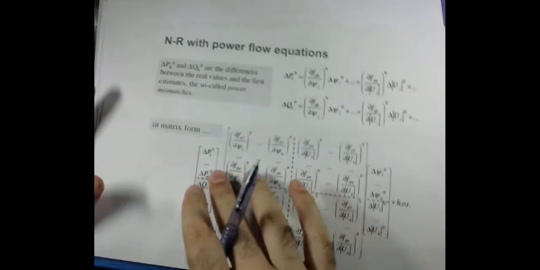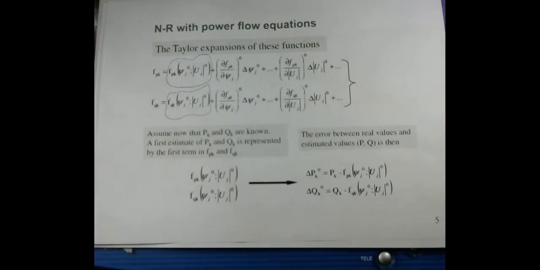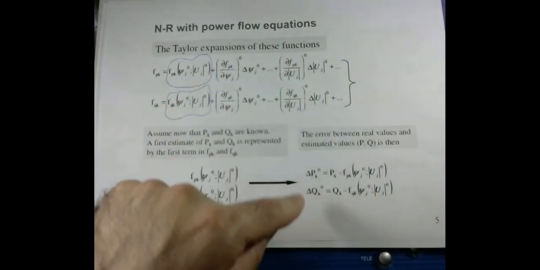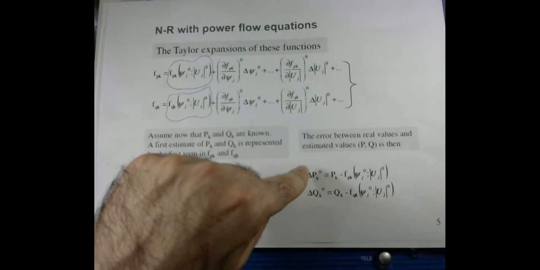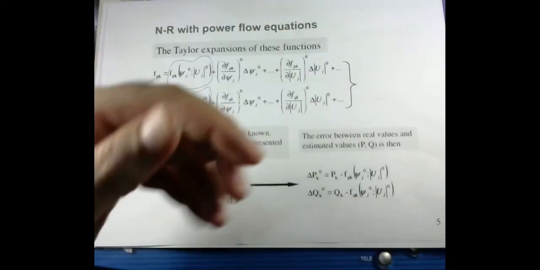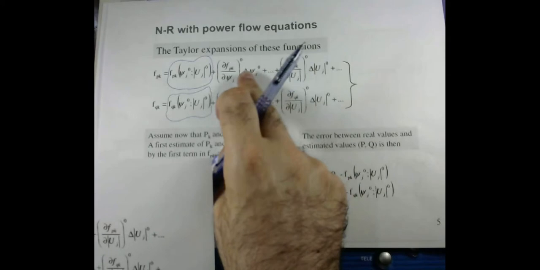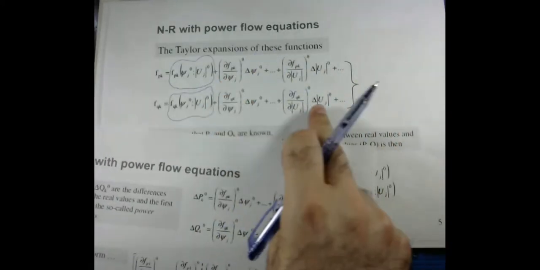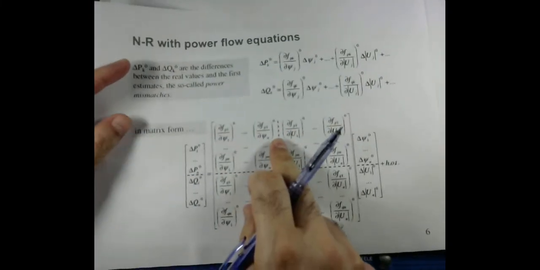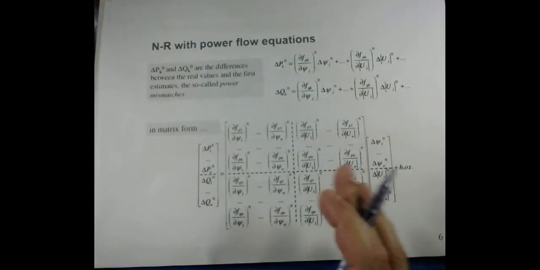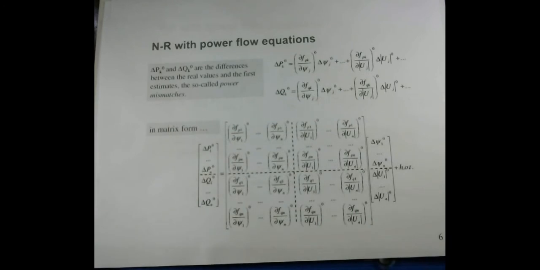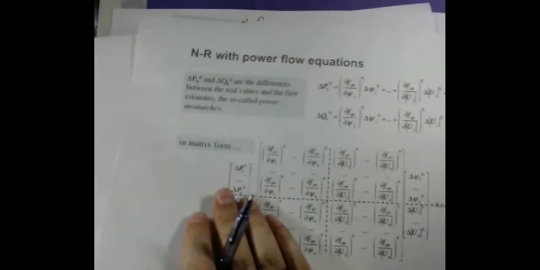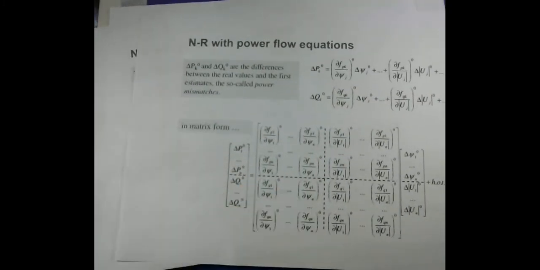Once we move the first terms to the other side, the remaining terms are these terms, and the difference of these two is represented by the errors in the first estimate. So these terms will remain on the other side, exactly these terms. As I mentioned in the beginning, we have to find the error. How to calculate the error?